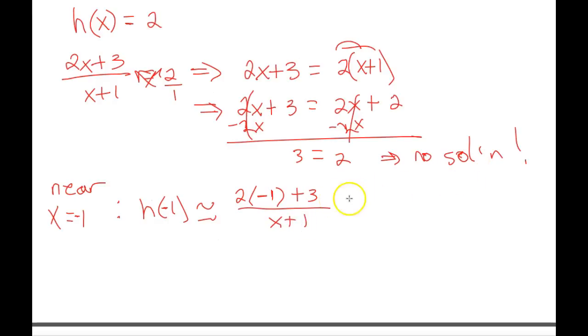Of course, 2 times -1 is -2, and -2 plus 3 is +1, over x plus 1. And so this looks like 1 over x, just horizontally shifted to the left 1 unit. So now we have everything that we need to be able to sketch a graph of this particular function. So let's go ahead and move on to the graph.